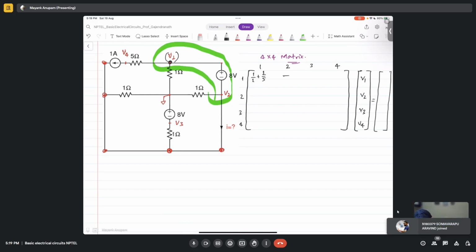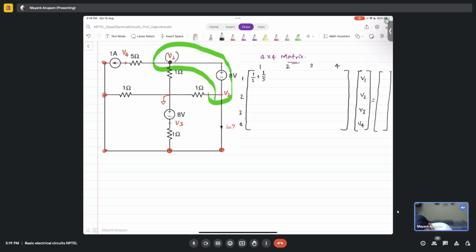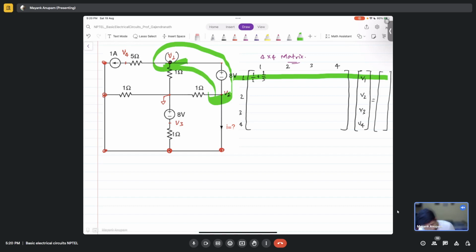Now, since I am forming a super node, my first row will correspond to the KCL equations for both node V1 and V2, because both are collapsed into a single super node, right?